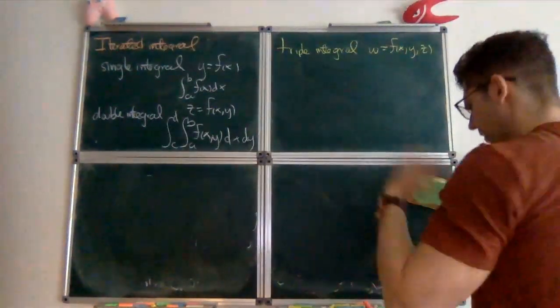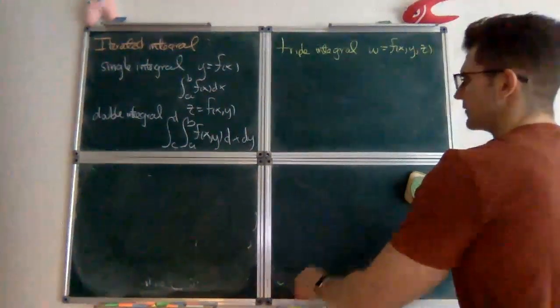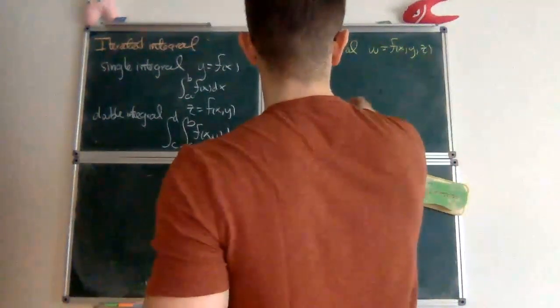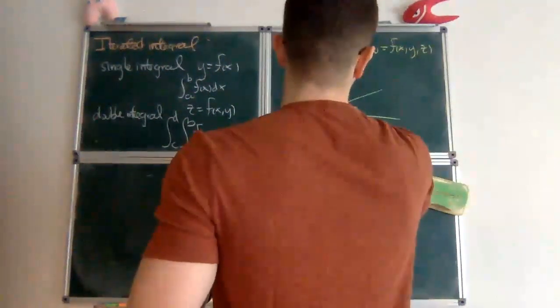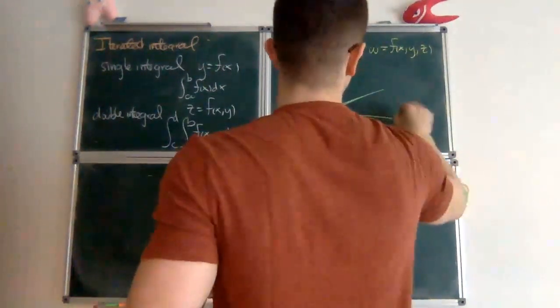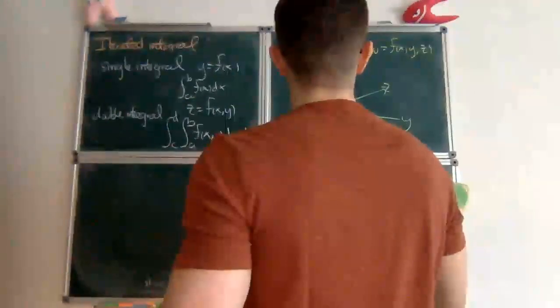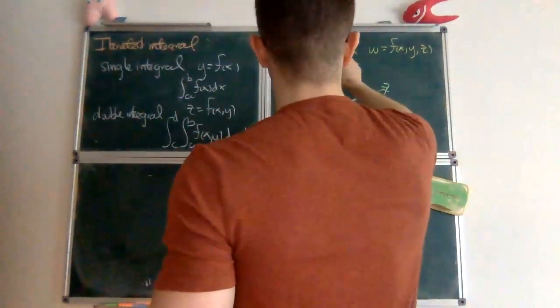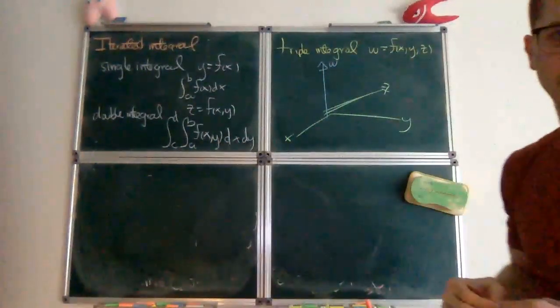The problem, I mean, not the problem, it's just that we cannot really visualize it very easily. What you would like to think is sort of that here are x, y, and z as three perpendicular axes, and then you have this new axis w as a fourth dimension, right?